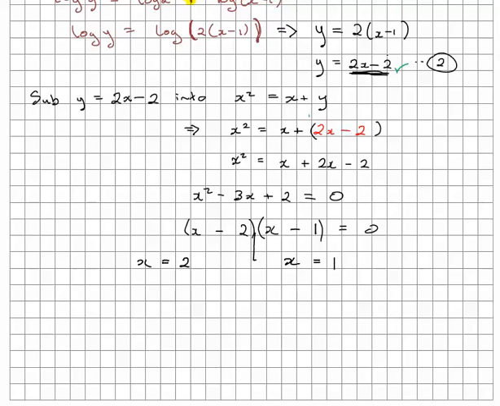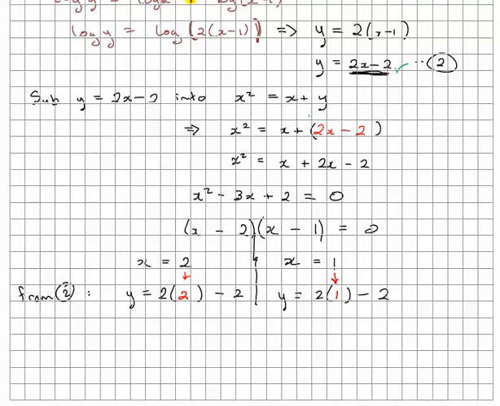Now remember, from equation 2 up here, I know that y is equal to 2 times x minus 2. So y then is equal to 2 times x minus 2 in both of those cases. We'll just sub in. This one goes in as a 2, and this one goes in as a 1.